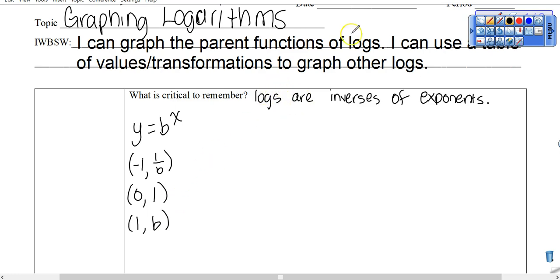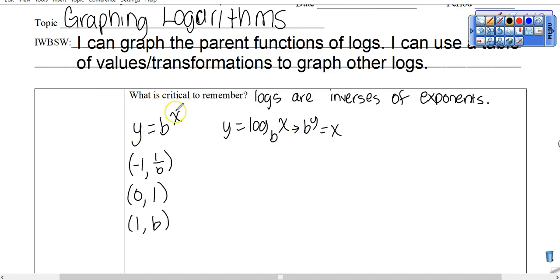Now, I just told you that logs are inverses of exponents. That means their x's and y's switch. So if I say that I want you to graph y equals the log base b of x, really what I'm asking you to graph is the conversion of that, which is b to the y equals x, if we convert it to the exponential so that we can plug it into a table of values.